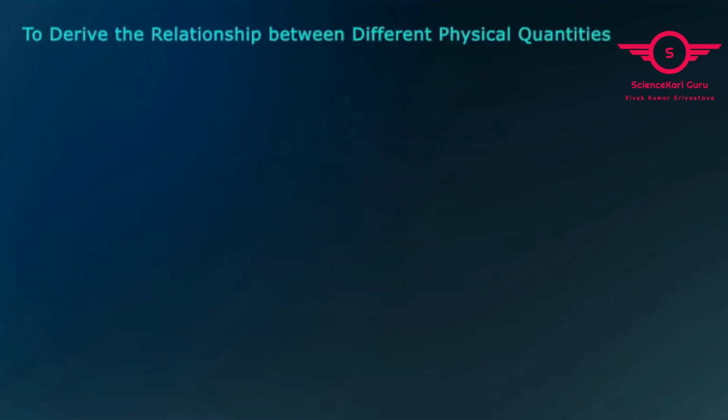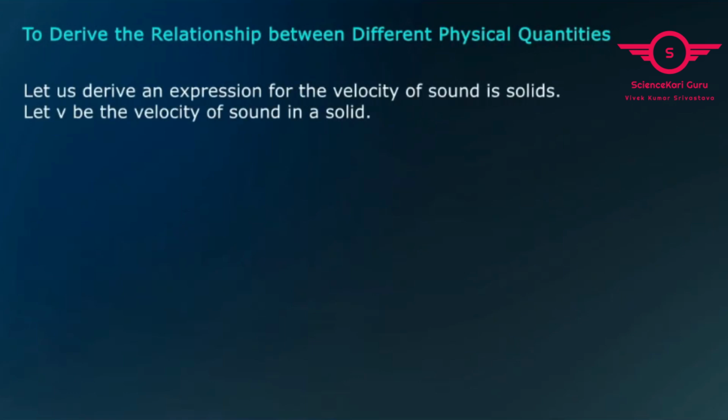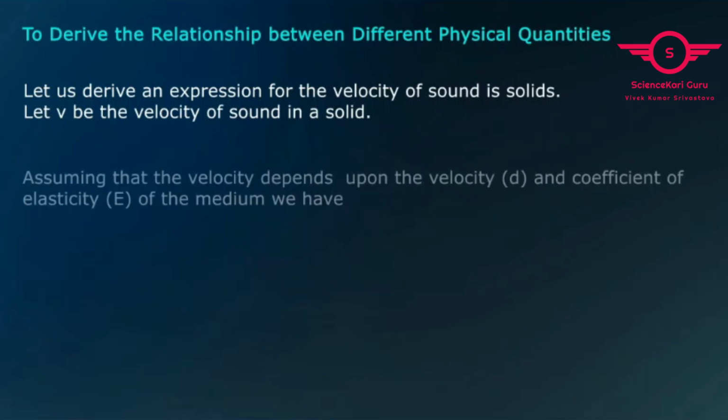To derive the relationship between different physical quantities, let us derive an expression for the velocity of sound in solids. Let v be the velocity of sound in a solid.